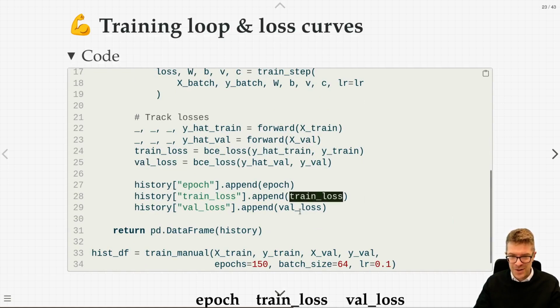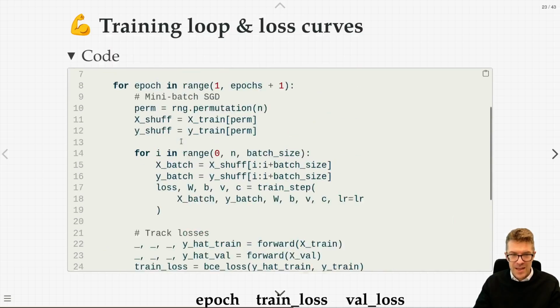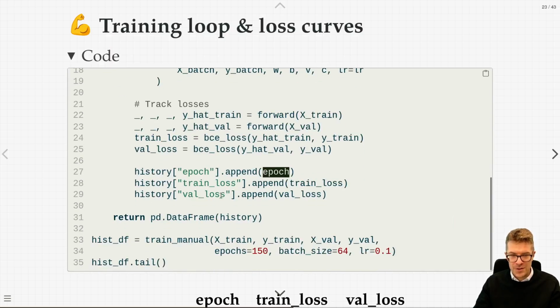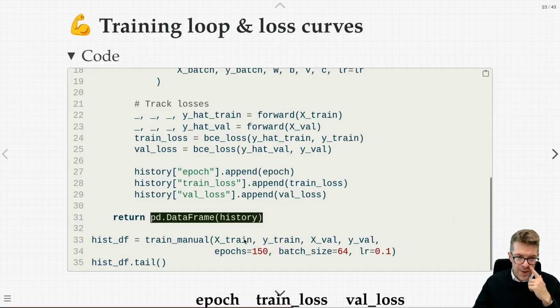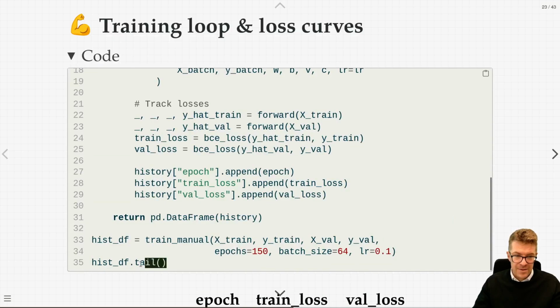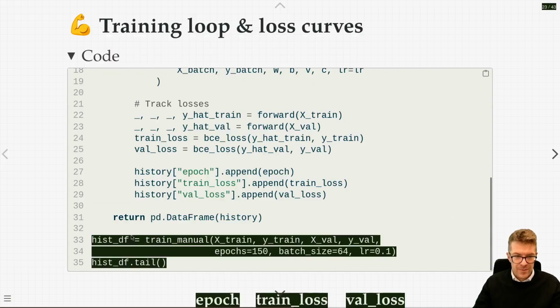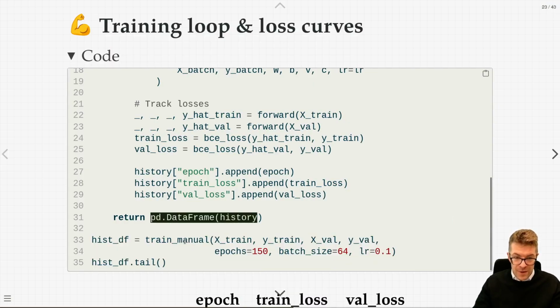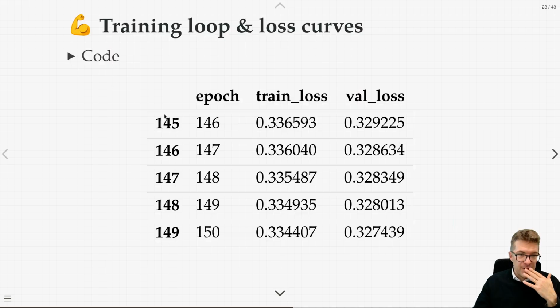So here's our training loss, our validation loss, the epoch number that we're going through, and all of this is going to be stored just so that we can visualize it a little bit later. All of this is going to be stored in a pandas data frame, and this is where this data frame is going to be visualized.